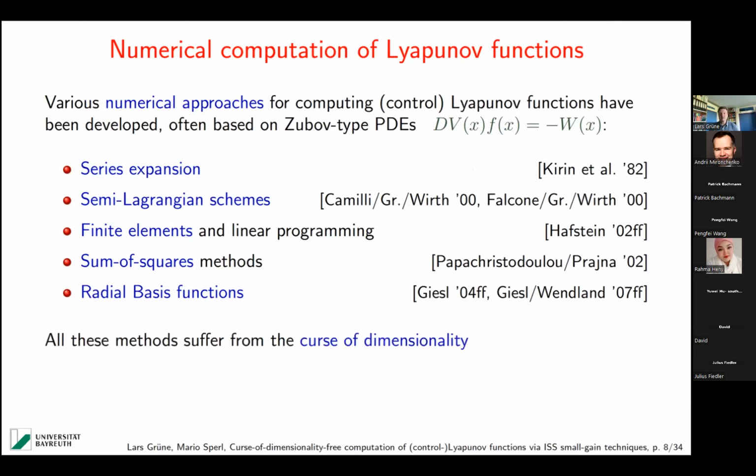What all these methods have in common is the curse of dimensionality. And for finite elements, it's quite easy to explain why this is the case. So finite element uses a grid with grid points. And suppose you need a certain distance between two neighboring grid points to get desired accuracy. Well, if you have a one-dimensional system, then of course the x comes from a one-dimensional set, say an interval, and say you need 10 points to cover that interval with sufficient accuracy. If you have a two-dimensional problem, then you have a piece of a plane, right?